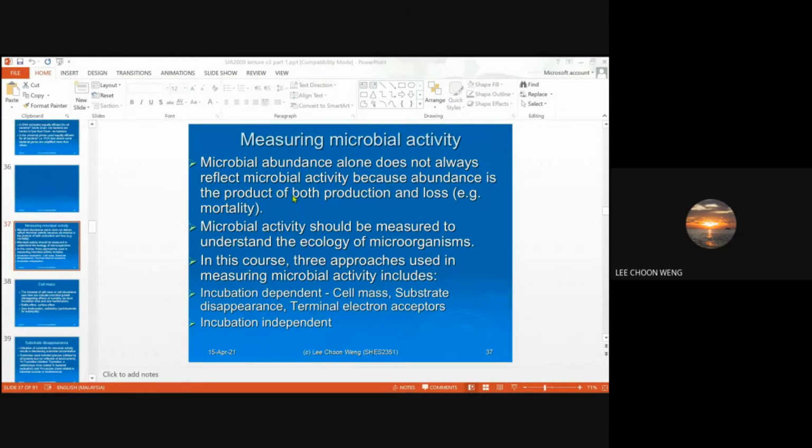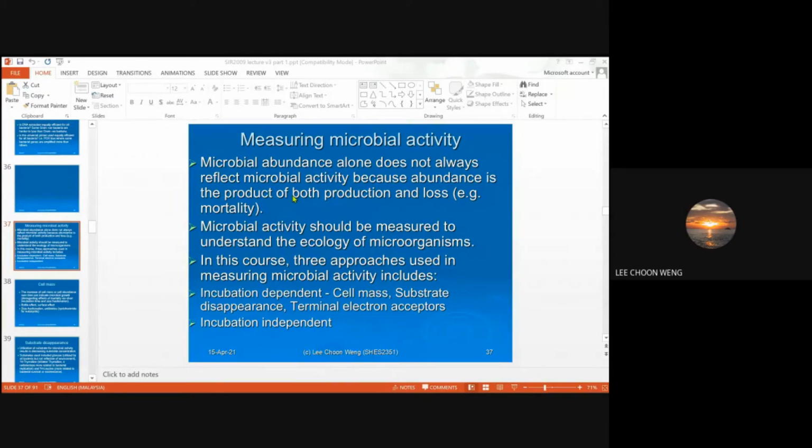So nowadays, as we understand more and more the importance of microbes in the environment, and with the availability of molecular techniques, microbial ecologists are now able to pinpoint specific processes that they want to measure, provided they know the sequence, the gene for the process, the gene that transcribes the protein for the process.